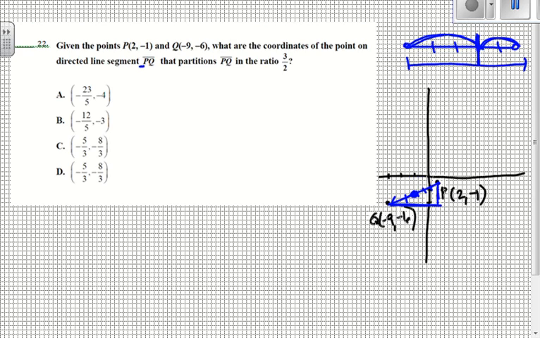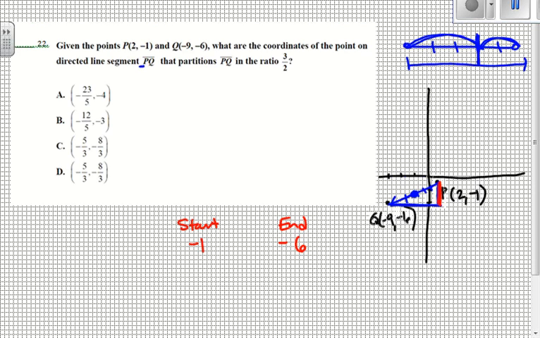Here's what you do. This distance right here, the red distance, that's a vertical distance, okay? You're starting at -1, and you're ending at, let's see, -6, okay? It wants this in a 3:2 ratio, which means that, hold on, this distance is 5, and you went down 5, okay?